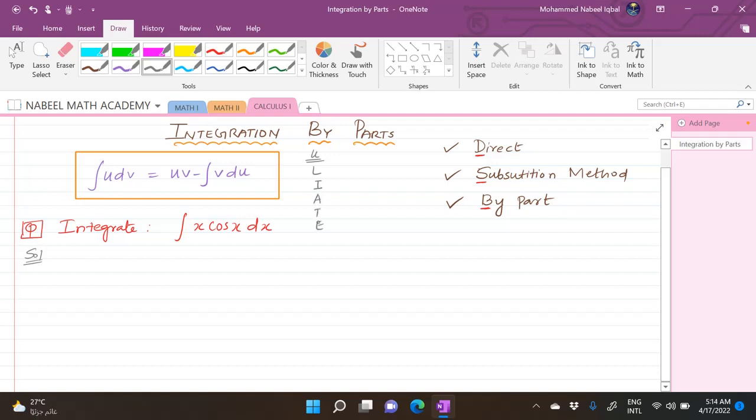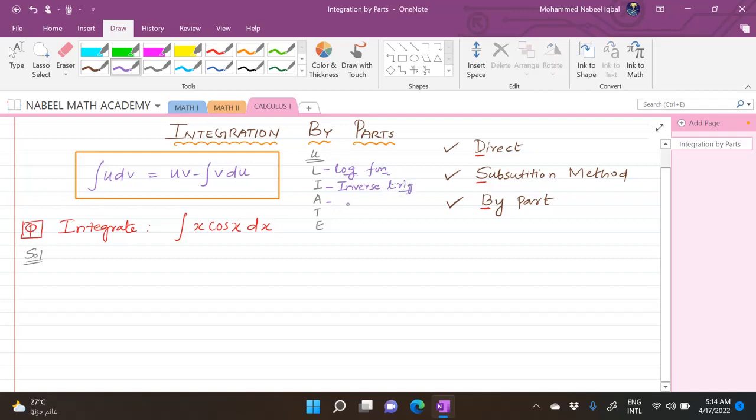ILATE. What it denotes: first preference you give to the logarithmic function, and here it is the inverse trigonometric function.